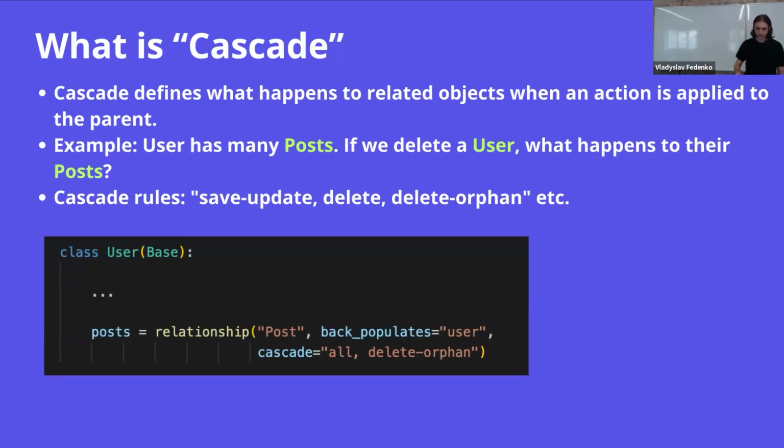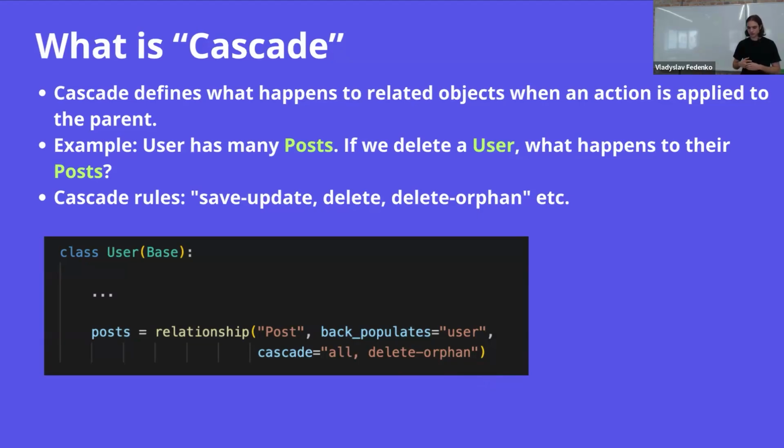So basically this is it. Inside relationship, we also can specify the cascade parameter and specify what will happen when, for example, we delete or save this object. So, for example, if we specify delete orphan, when our user is deleted, all of its posts will also be automatically deleted.